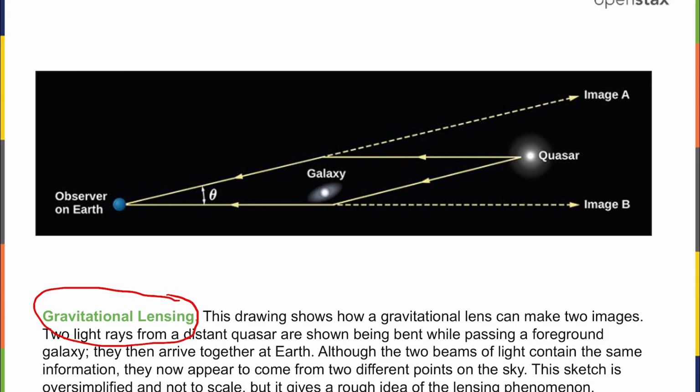Because Einstein's general theory of relativity says that the space-time continuum itself bends under the influence of gravity, and we had a lecture and a chapter on this topic, and it's a lot to take in.